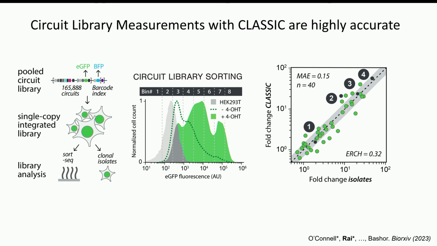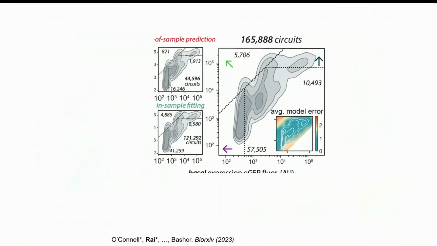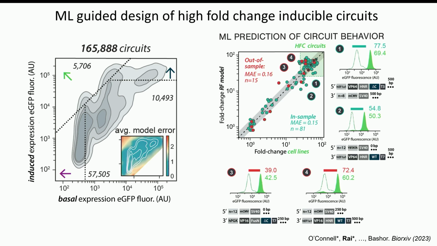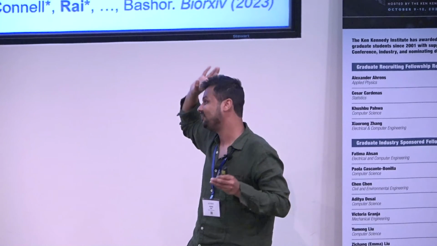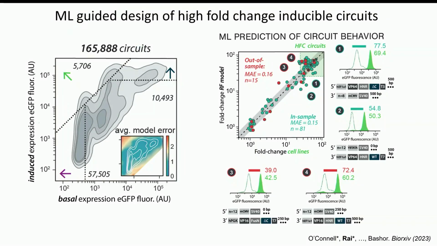A little bit. And in fact, when we were building or stress testing predictions from the model, some of the points, so all of these were designed by us rationally to have high fold changes. And most of them that we designed in this first round were right here at the bottom.